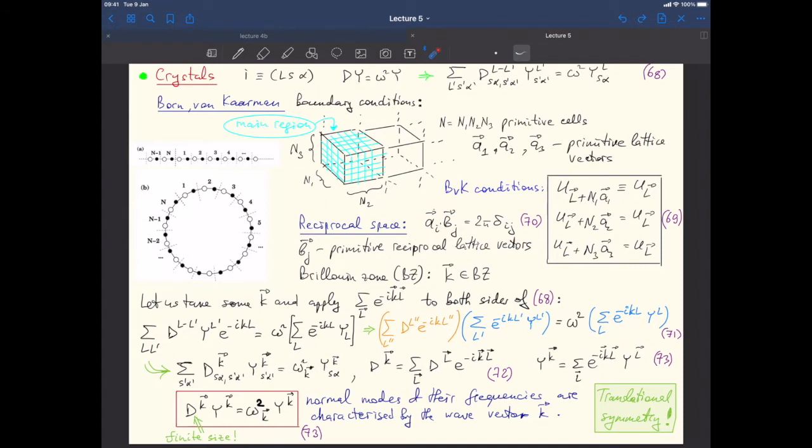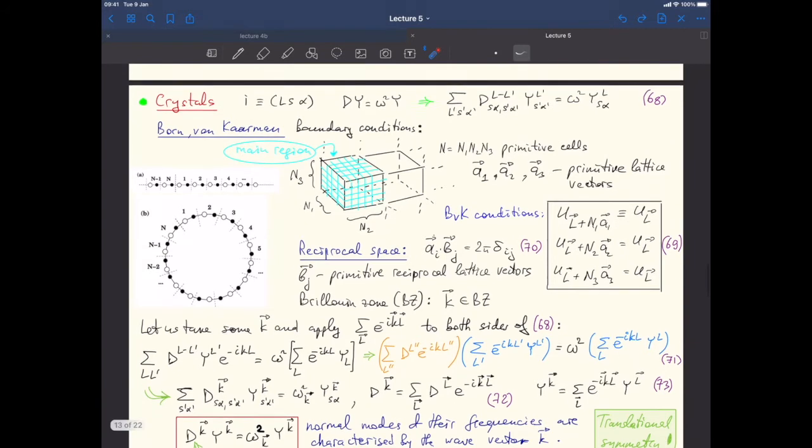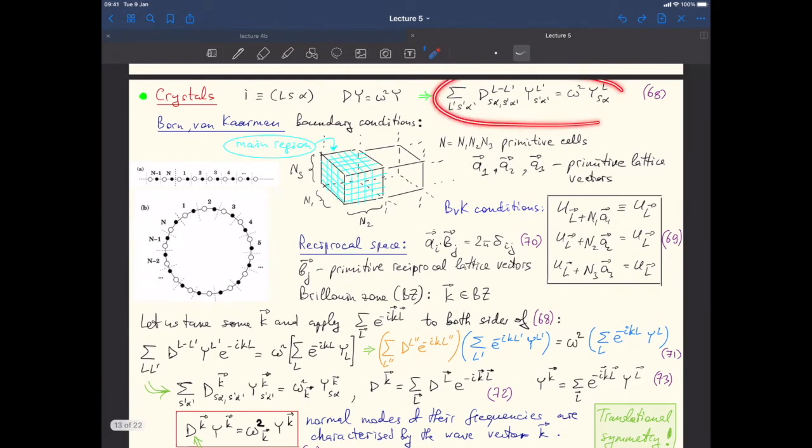So this is a primitive reciprocal basis vector B. And then we introduce a Brillouin zone, in which we shall consider vectors K inside the first Brillouin zone. And then it appears that the solutions of these equations can be easily found if we assume that these displacements are proportional to these plane wave factors.